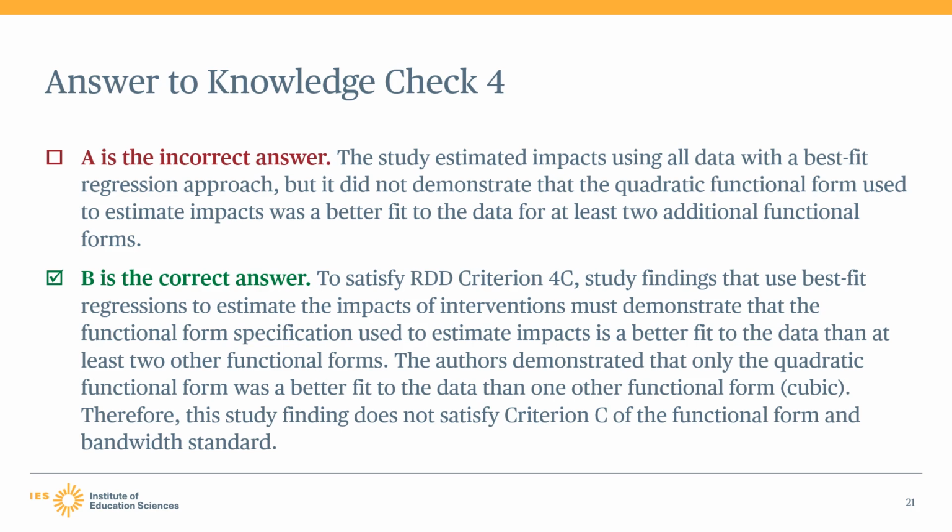In this example, the authors only demonstrated that the quadratic functional form was a better fit to the data than one other functional form, namely the cubic functional form. Thus, this study would not satisfy criterion C of the RDD standard 4 or the functional form and bandwidth standard.